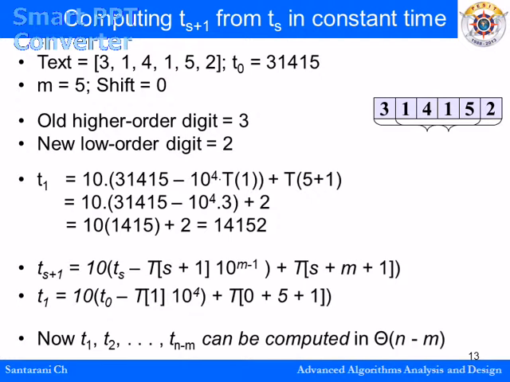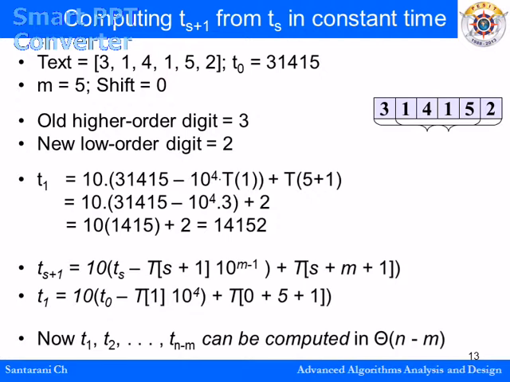To construct this t_1, we can derive the general formula t_{s+1} equal to 10 times (t_s minus T[s+1] times 10^{m-1}) plus T[s+m+1]. This is based on Horner's rule.